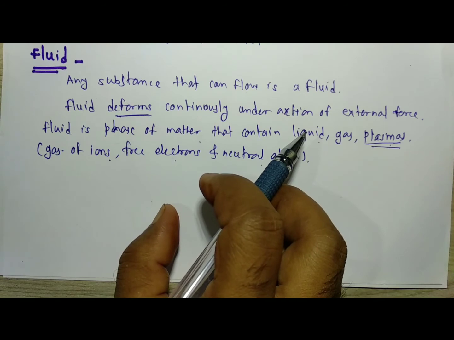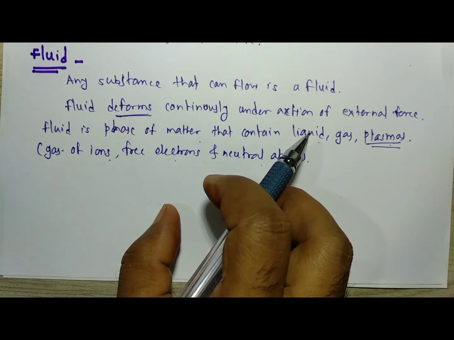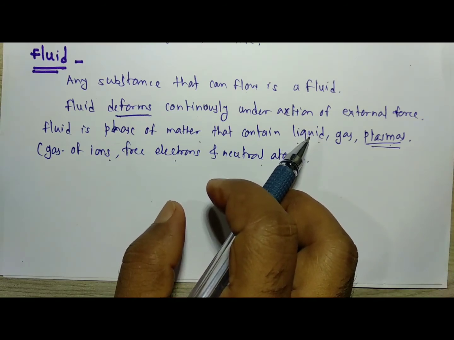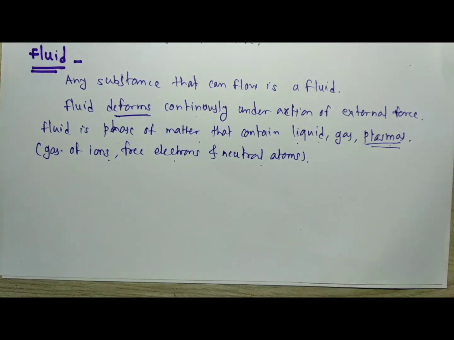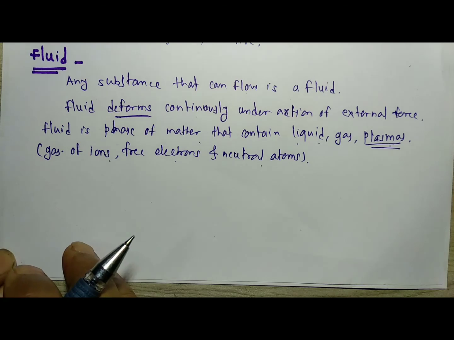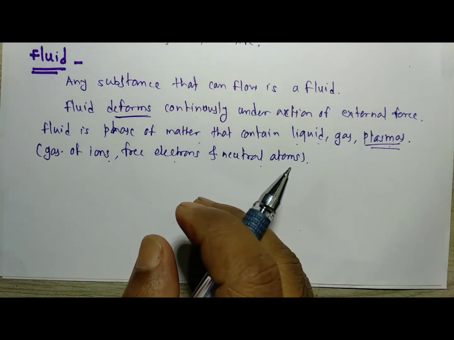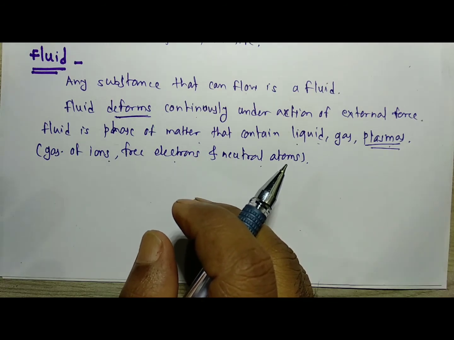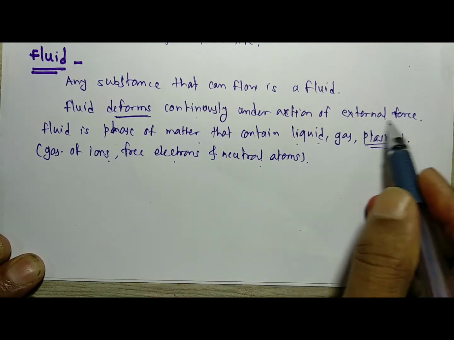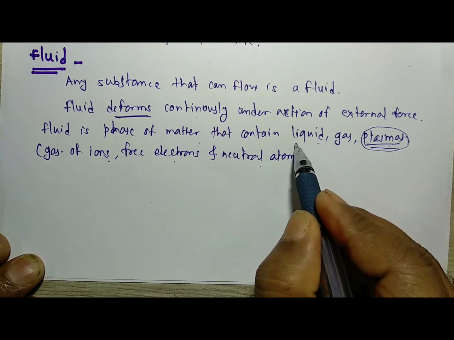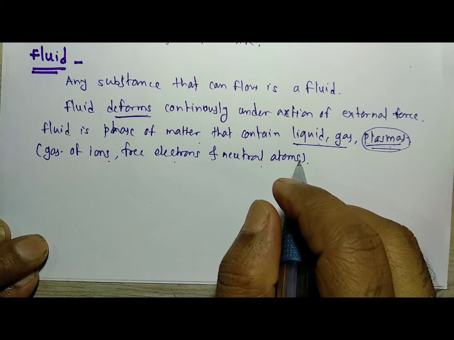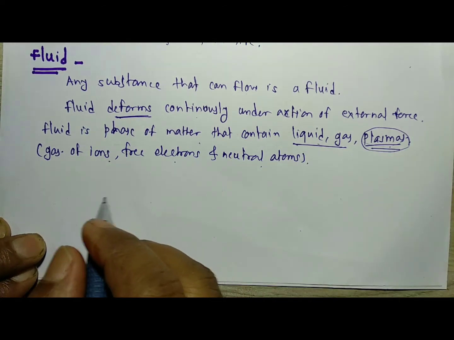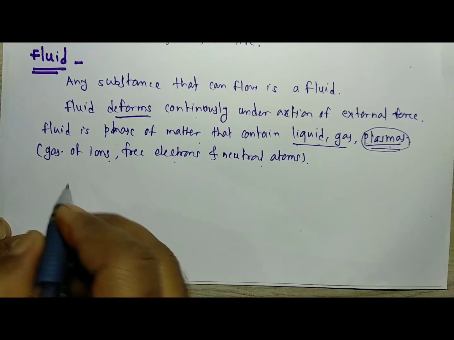Now, in the mechanical properties of fluids we consider liquids and gases only, and we do not consider plasma here. We go with just liquids and gases. The shear modulus of a fluid is 0.